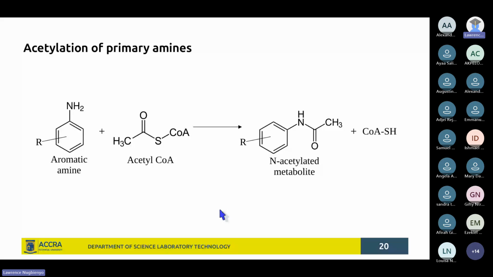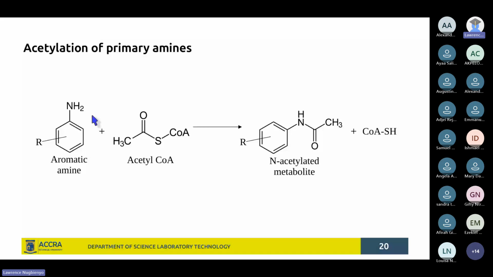Now, you have other drugs which are primary amines. I mean, these benzene rings with some side chains, and then you have an amine group on them, and they undergo the process of N-acetylation, where acetyl-CoA brings its acetyl group to bind onto that nitrogen, that primary amine, which gets acetylated.